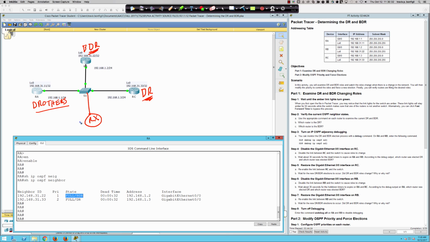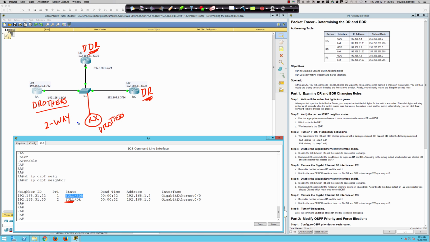And so in terms of DR, BDR status, these two guys, X and A, would see each other as DROthers. And they also would not come into the full state with each other. They would settle into the two-way state.